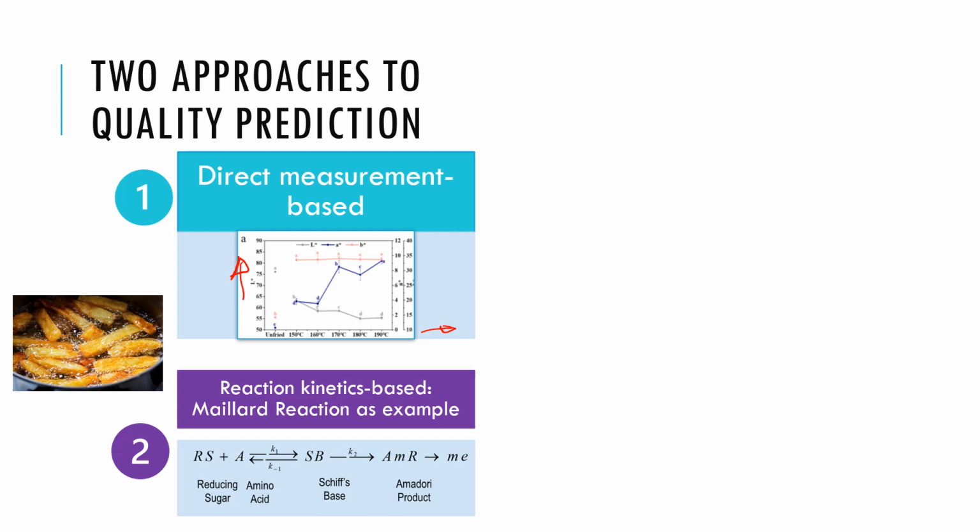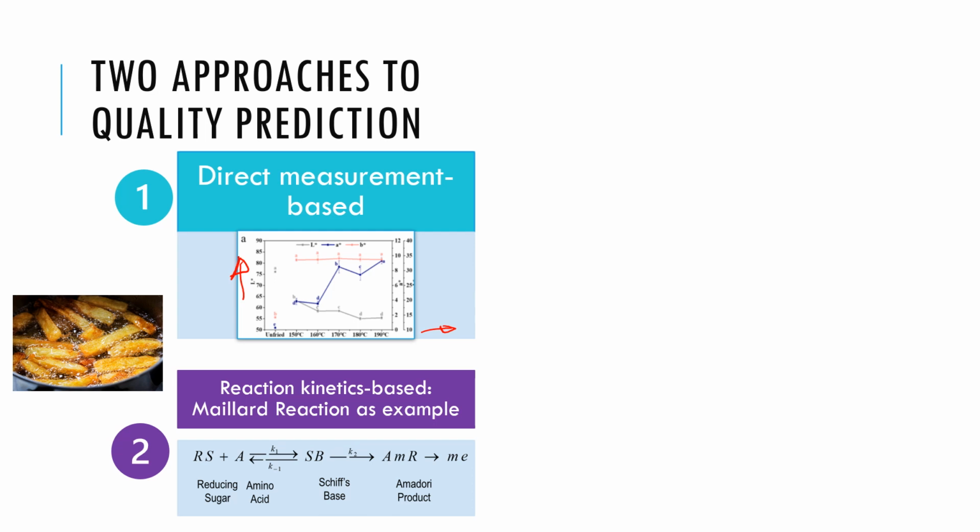Now in case of color, of course there is such a reaction. As we know, the color formation is described by the Maillard reaction, the rates being dependent on temperature, for example. So the form of kinetics and the rate constant dependent on temperature is going to define the color formation.